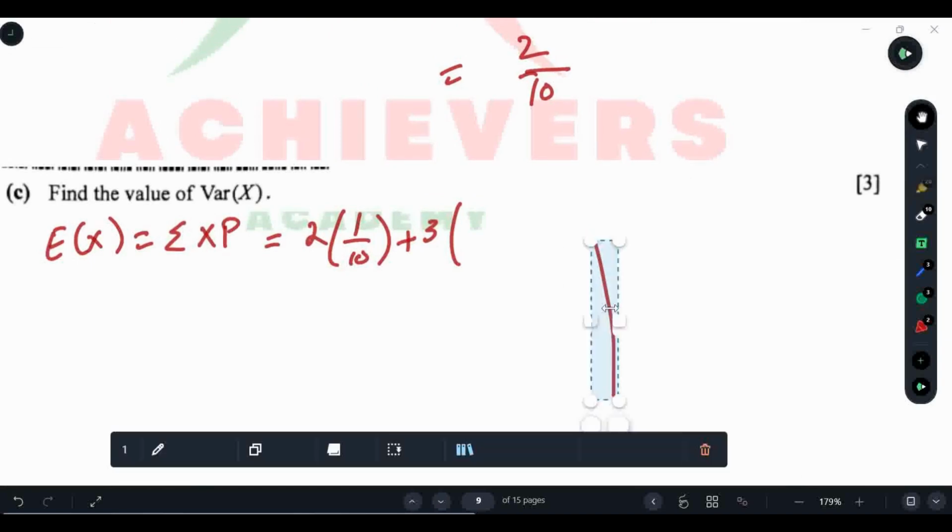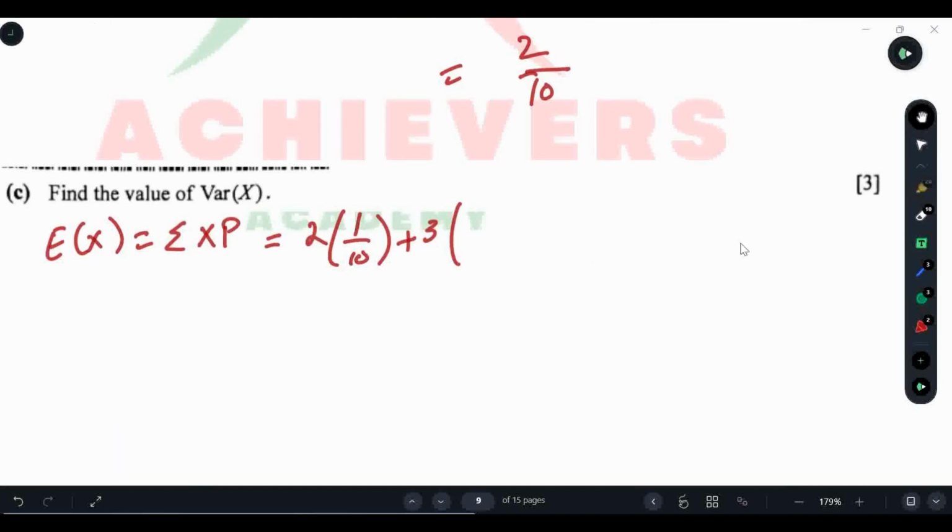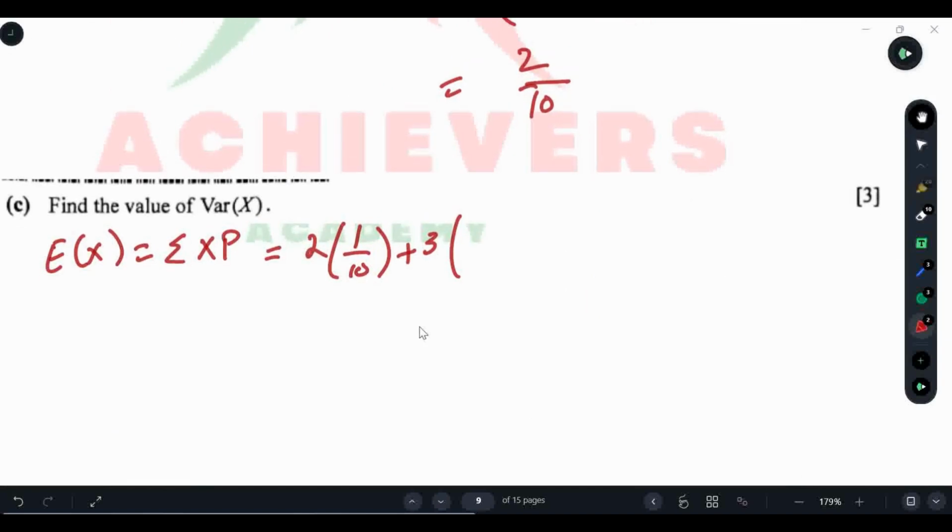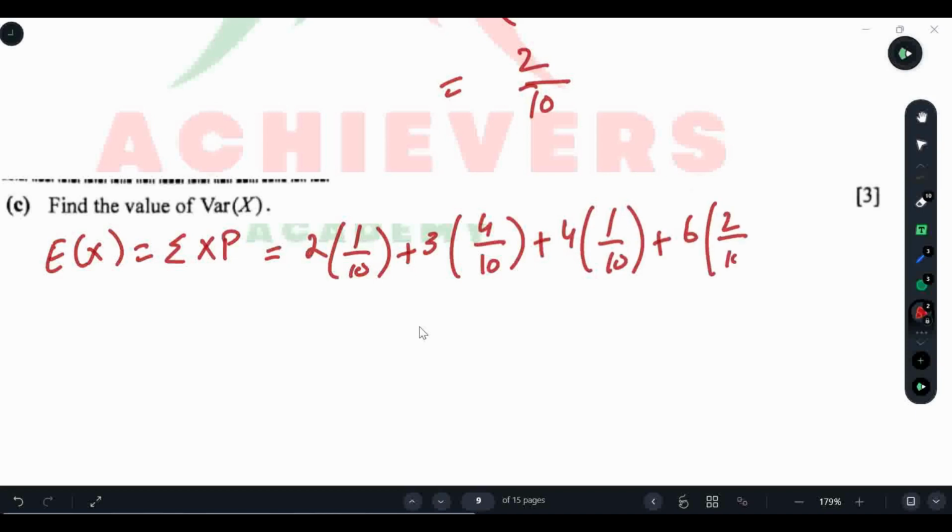Now if you multiply it with 4 by 10, 4 by 10 plus, for 4 the probability was 1 by 10, and then for 6 we have 2 by 10, plus then we have 7 into 2 by 10.